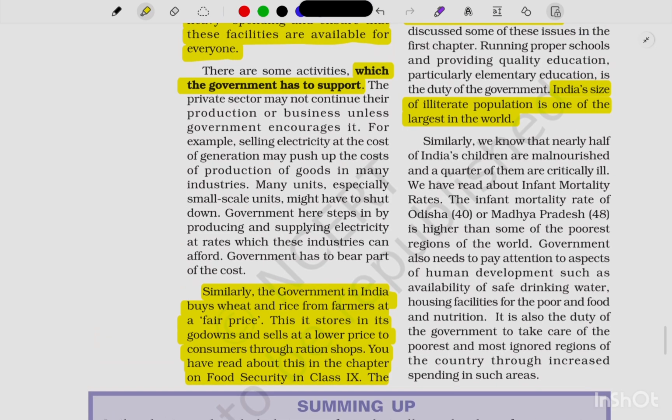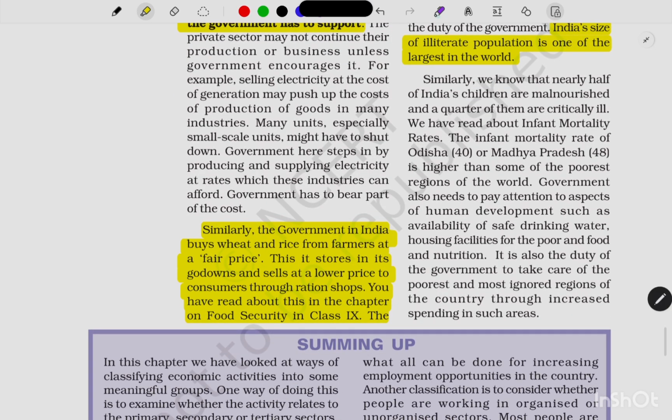I did ask this question in class and everything. Now, similarly, we know that nearly half of India's children are malnutritioned and a quarter of them are critically ill. We have read about infant mortality rates. Okay, the infant mortality rates of Odisha is 40, or Madhya Pradesh it's 48 percentages.